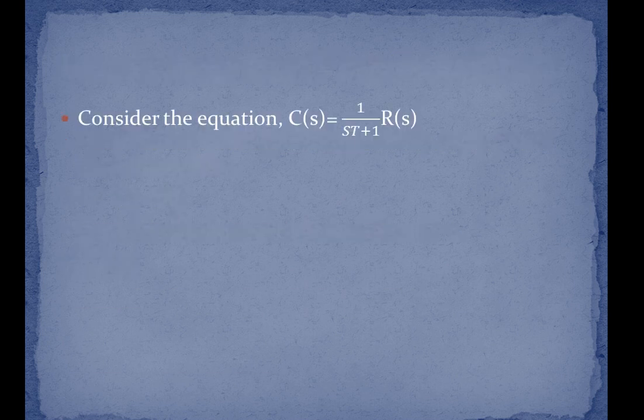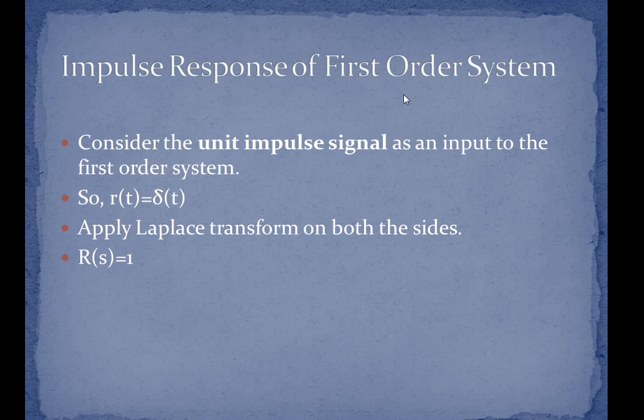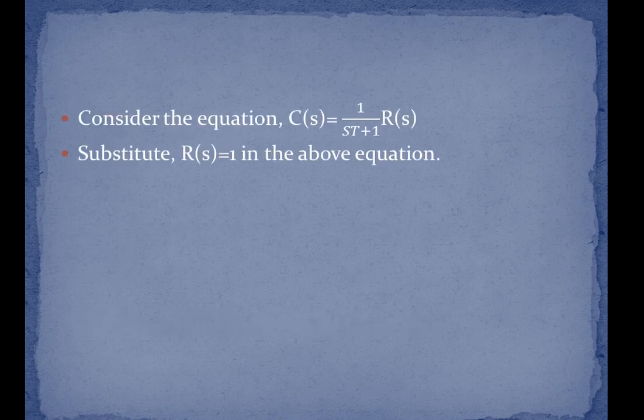We know that the first order system equation is C of s equal to 1 by s t plus 1 into R of s. So in place of R of s, substitute 1, because we are taking the impulse signal. So I am getting C of s equal to 1 by s tau plus 1.